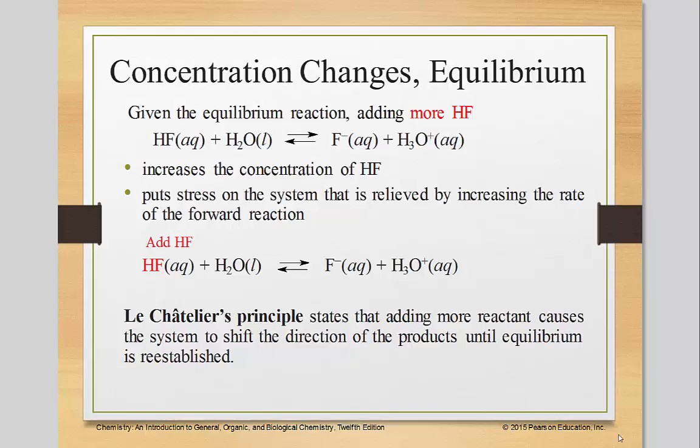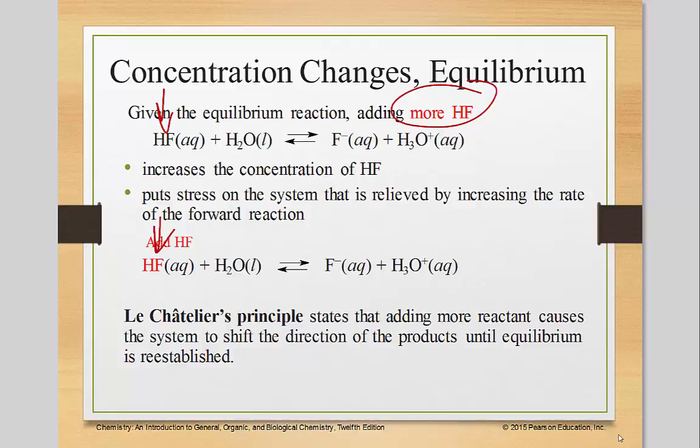So here's an example: HF plus H2O yields F minus plus H3O plus. If we're adding more HF, it's going to try to even that out. We want to hit a point of equilibrium. If that HF is there, it's not at equilibrium because you have more stuff there and it's unbalanced.